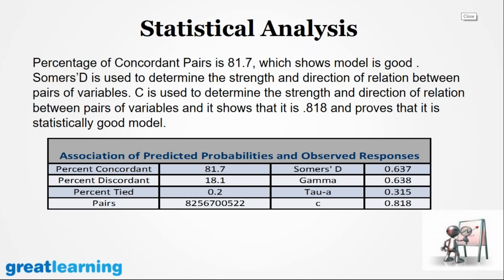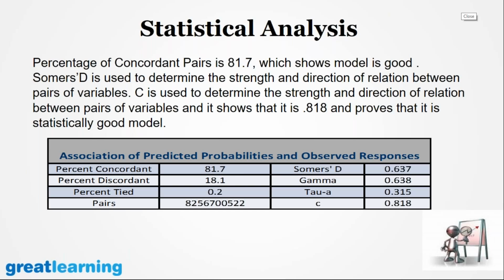That's percent concordant. The other one is percent discordant, where the value of no order is more than the value of order. So the mean predicted value is what I'm talking about. What we got was 81.7%, which is actually a good one.